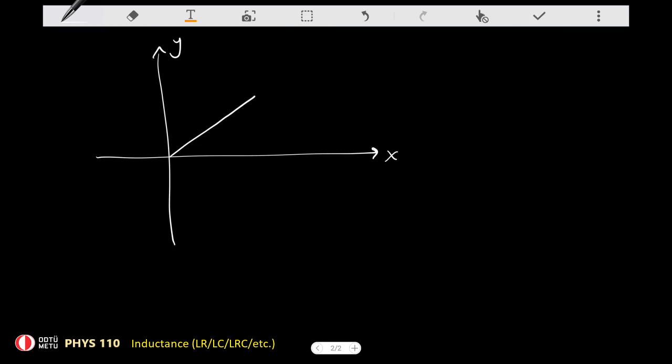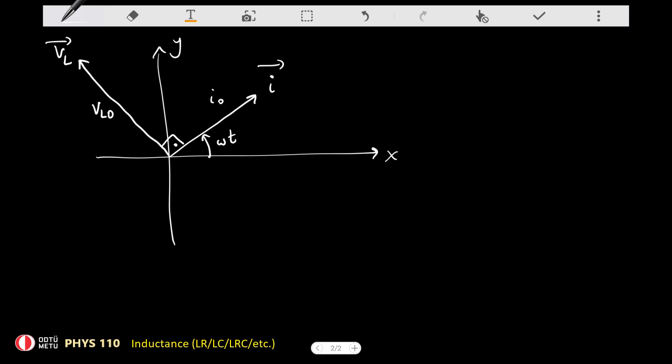Right, so if the current is like that, the current vector on the phasor diagram is like that, its amplitude is I0, and this angle is equal to omega t. The potential drop on the inductor, VL, is like that, where the angle is omega t plus 90 degrees. So this vector has a magnitude and a direction like that. So the angle between the potential drop and the current is 90 degrees.